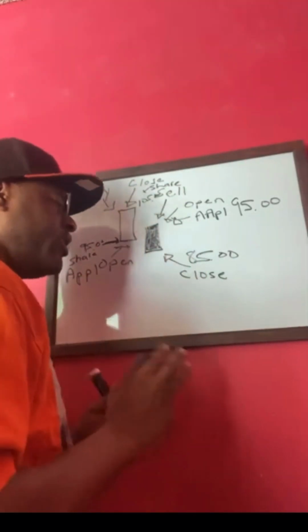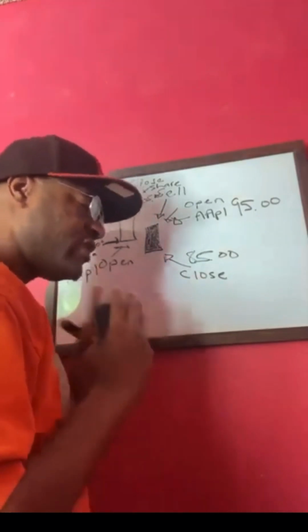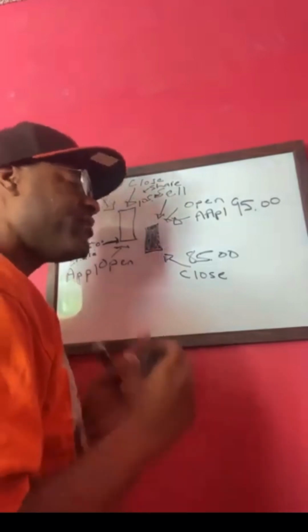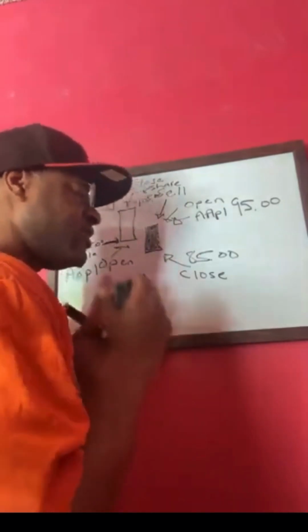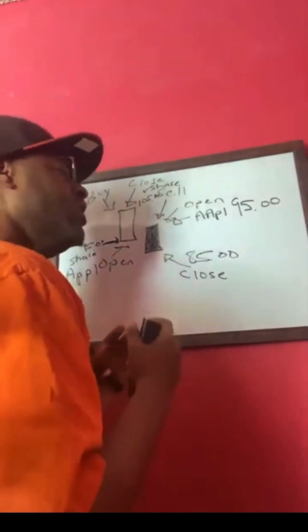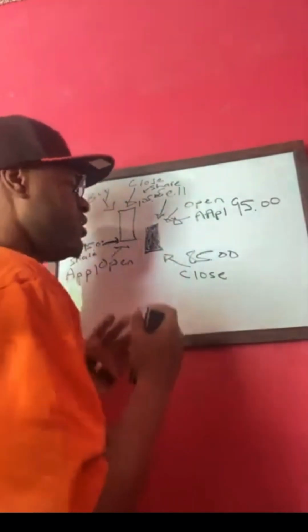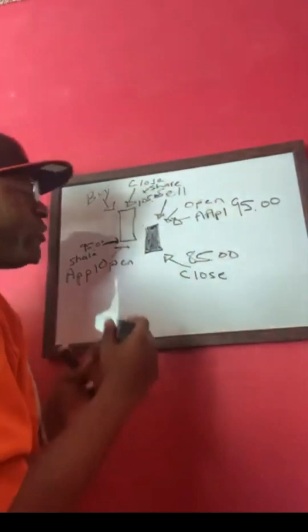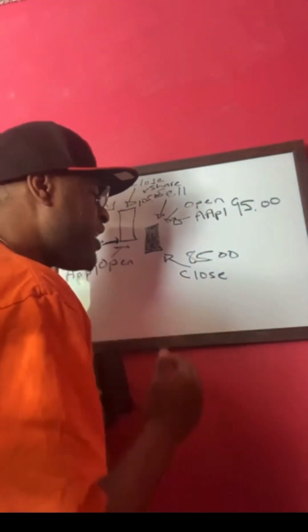This is important. I simplified it as much as I can, because I want you guys to understand the importance of technical analysis. If you don't understand this, then you can't move forward with the rest of this information, because next we're going to talk about support and resistance and how to read trends.